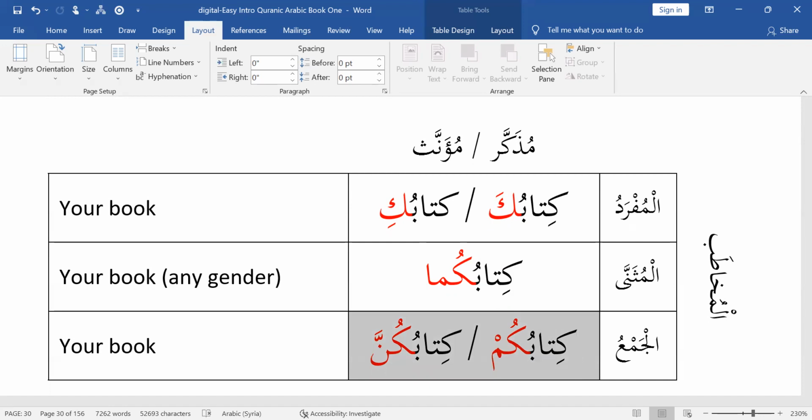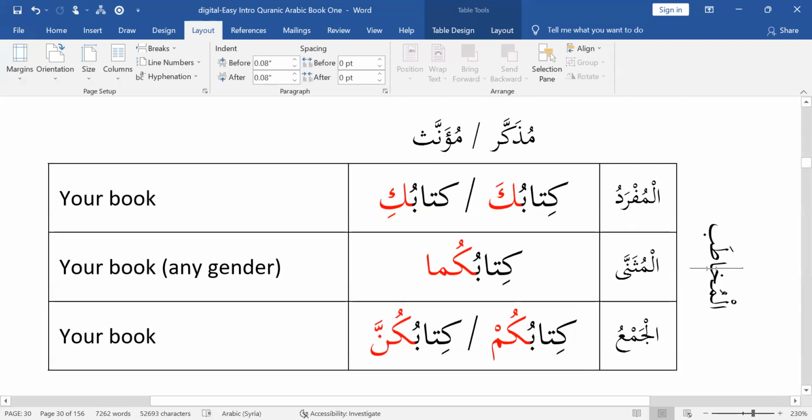If it's mixed gender, you just go with kitabukum, because kunna is exclusive for the feminine plurality. Okay, so this is for al-mukhatab. Al-mukhatab is the second person, the one you're talking to.